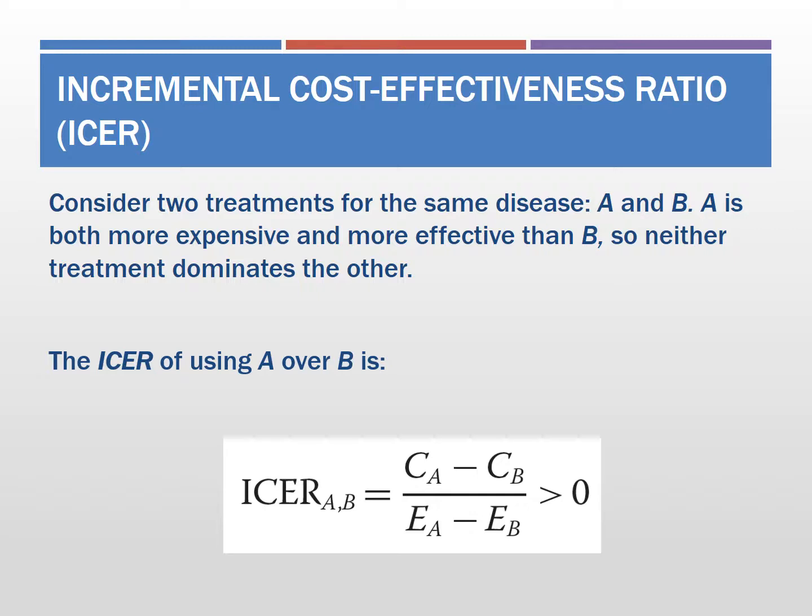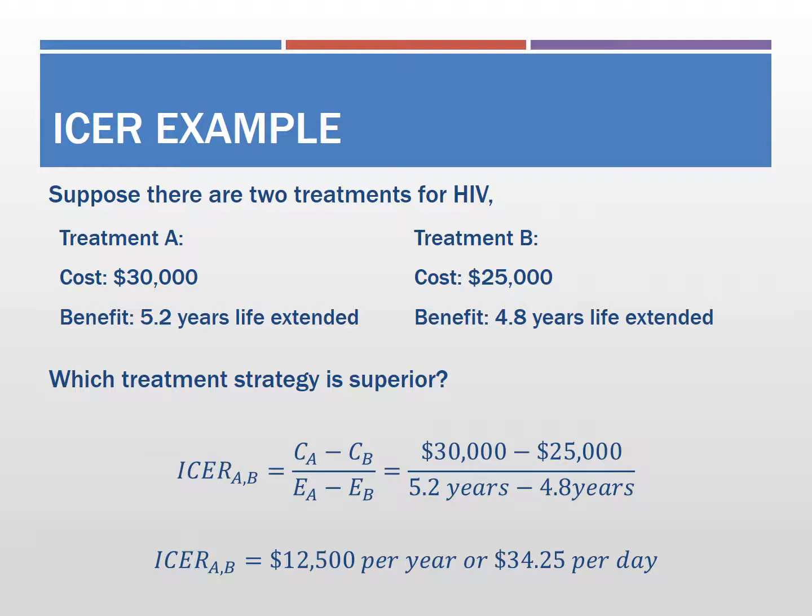So let's give a very simple example to illustrate this formula. Let's suppose there are two treatments for HIV. Treatment A costs about $30,000 in total, and after this treatment, the patient will gain 5.2 years of life, compared to a person who does not take any treatment.